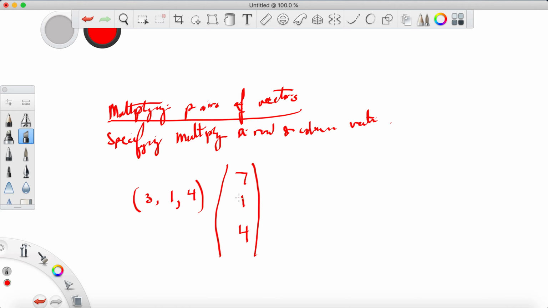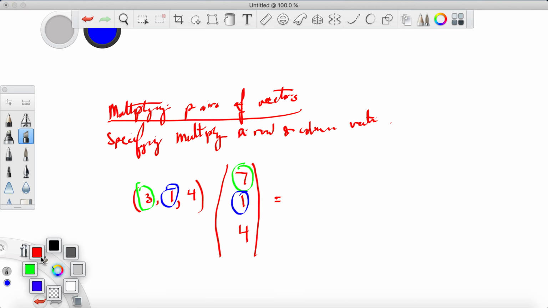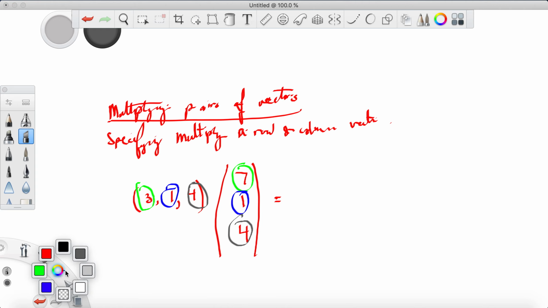The way this works is I'm going to multiply together the numbers that I have colored the same way, and then I'm going to add them.